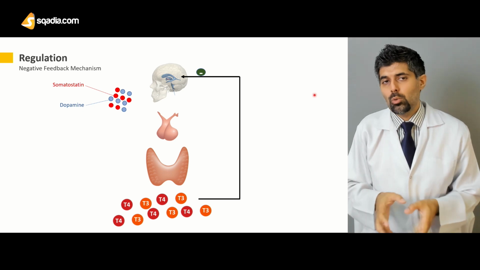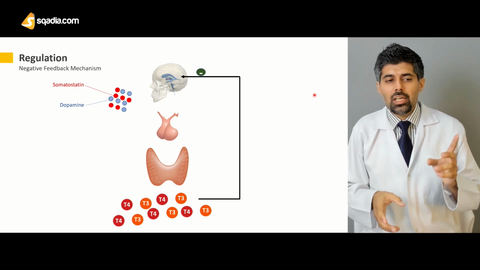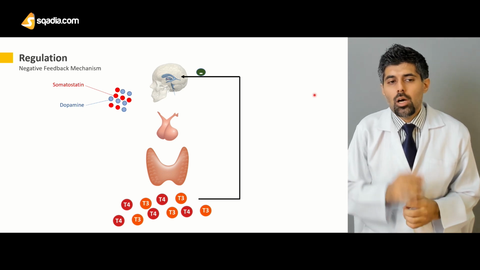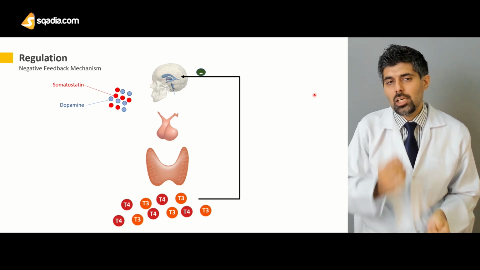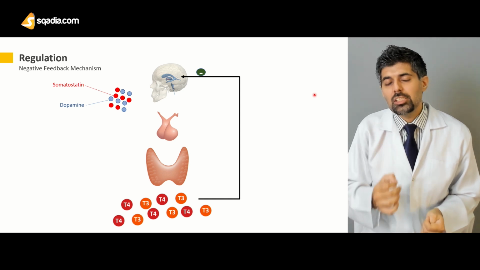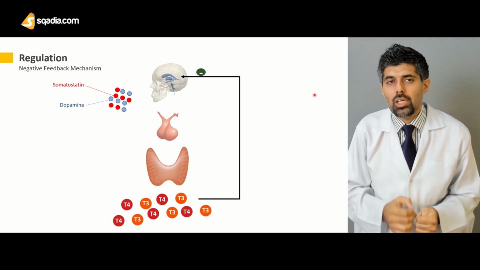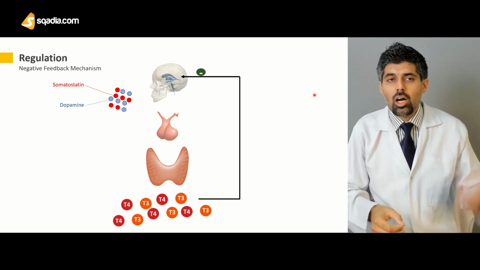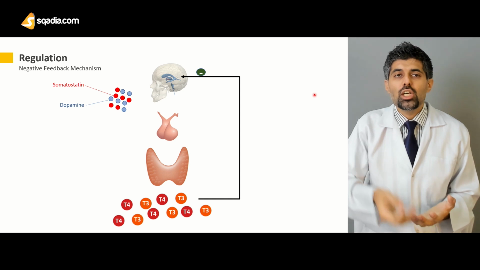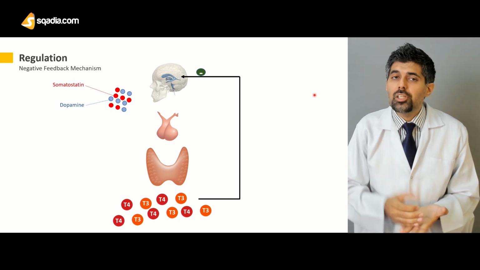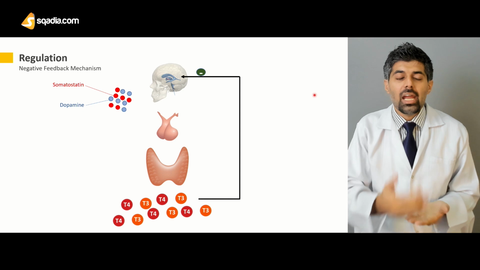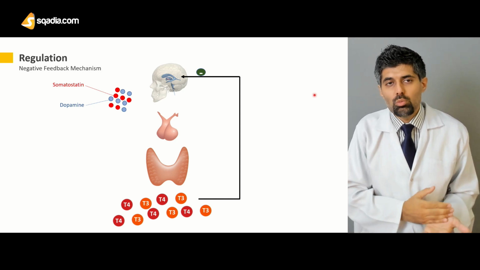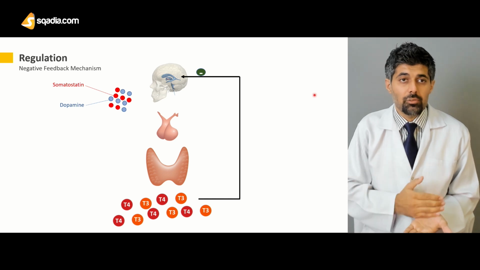It is worth noting at this point that somatostatin and dopamine both decrease the amount of the TRH that is being released from the hypothalamus. So, if somatostatin is released in large amounts, TRH is decreased. As a result, TSH is decreased, and as a result, the circulating amount of the thyroid hormones itself is decreased.